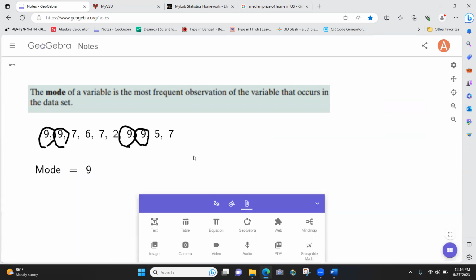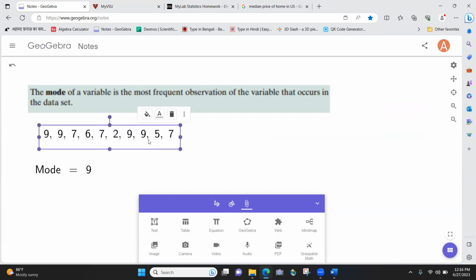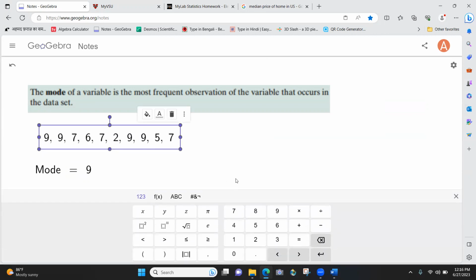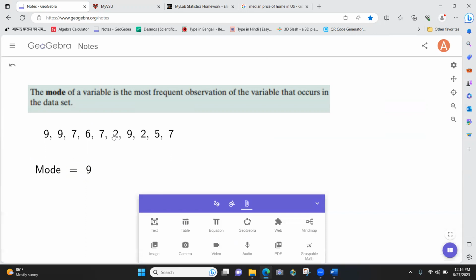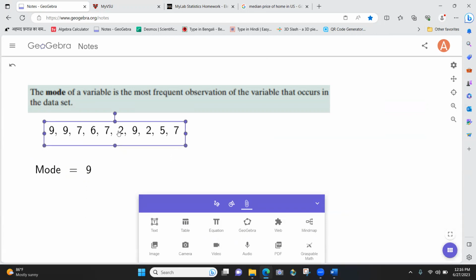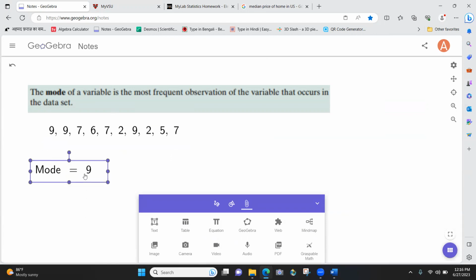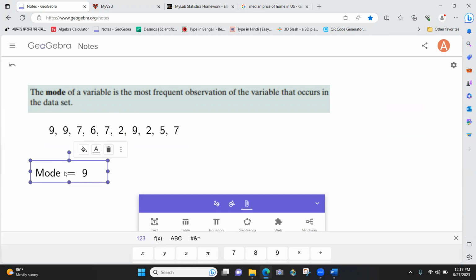What if my data set was like this? 3 of the kids got 9, and this kid got 2. If this was the data set instead of the one I had, there would be 2 modes.